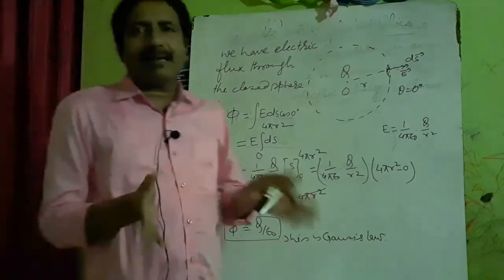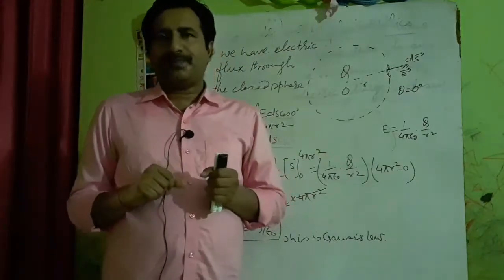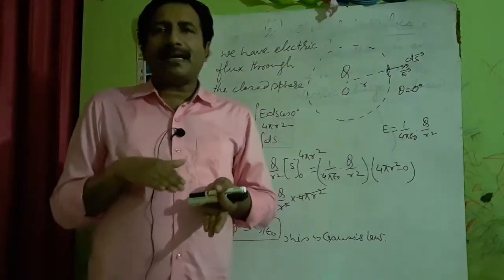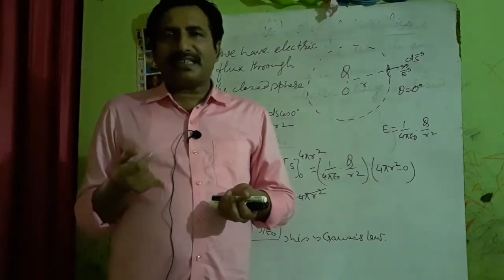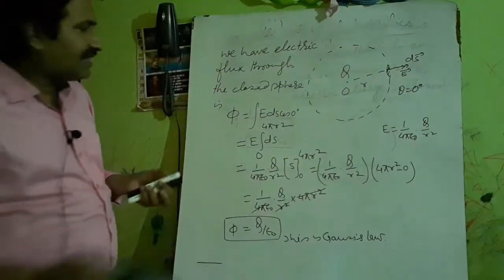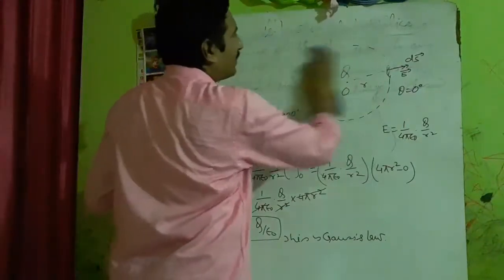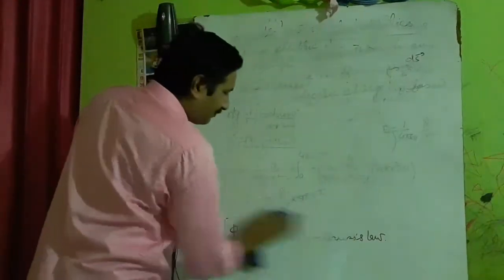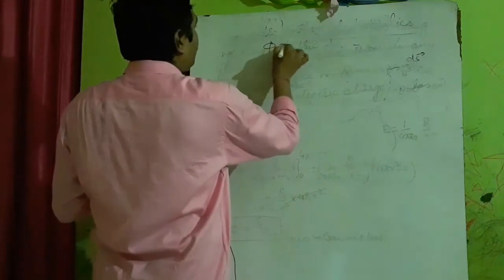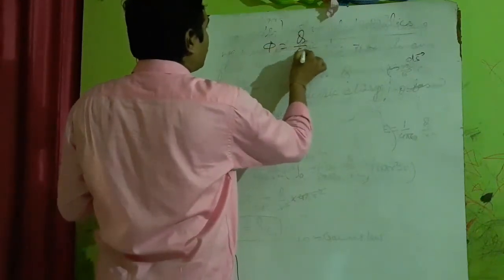If the medium is other than vacuum, means if epsilon be the electrical permittivity of the medium, then this phi can be written as phi is equal to q by epsilon naught. Means for the medium with permittivity epsilon, this phi can be written as q by epsilon.